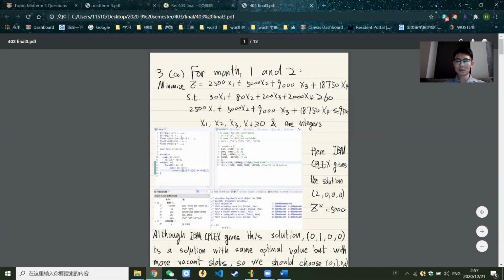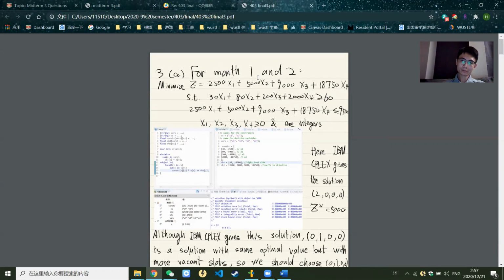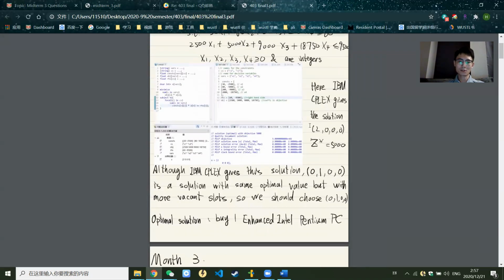For the first and second month, I combined them into the same period because in the first month there are no user needs, and they share the same percentage of now and in the future, and they will share the same budget. So basically they are in the same period. And they should go back to the constraint, x should be bigger than 0 and integers.